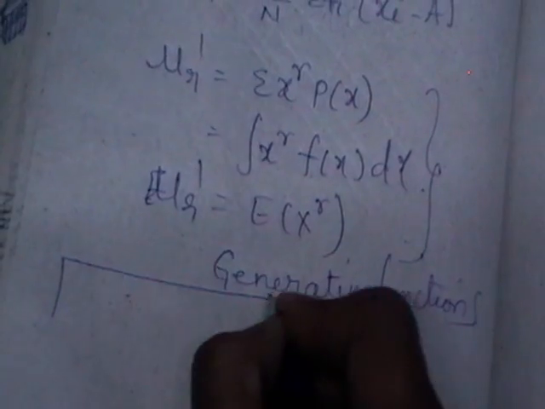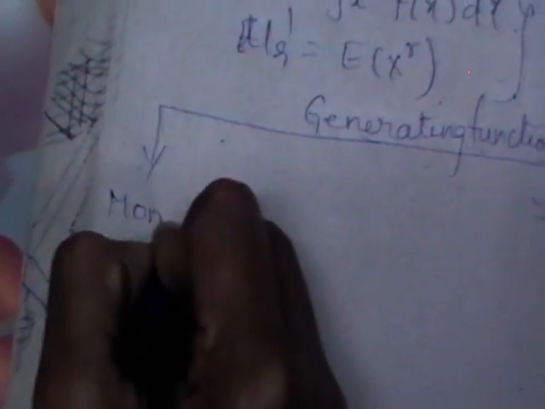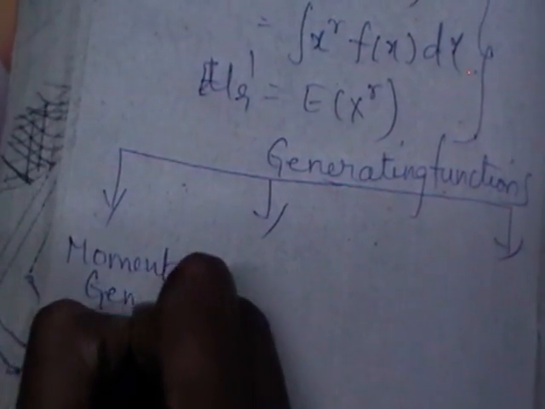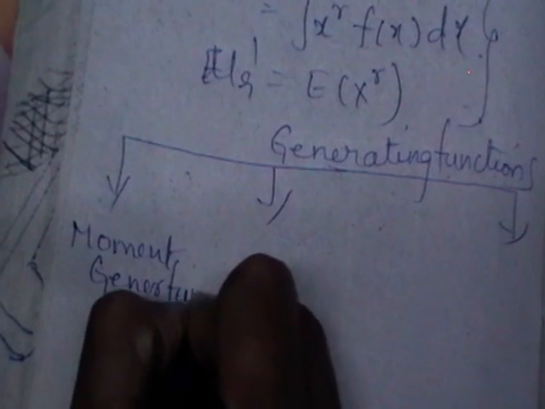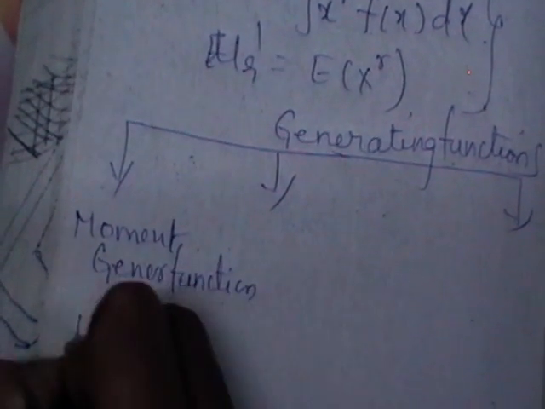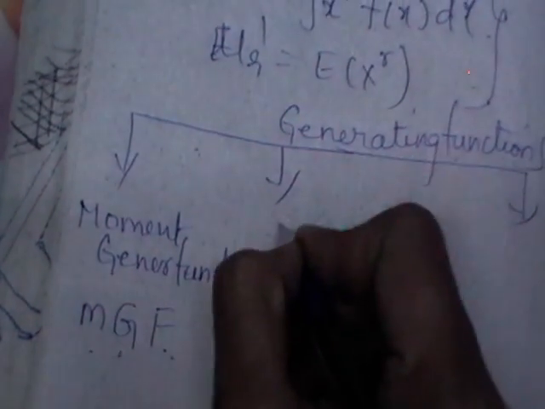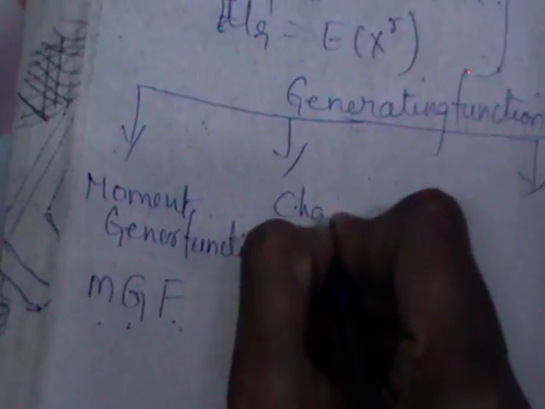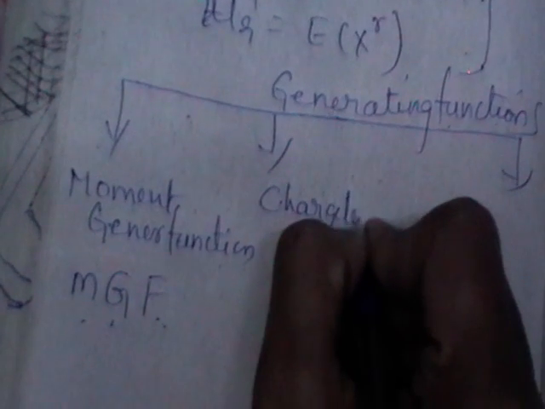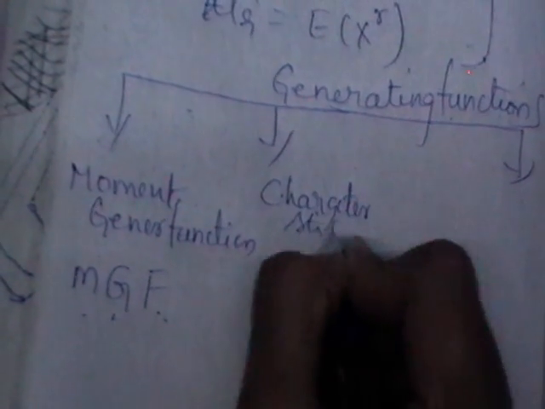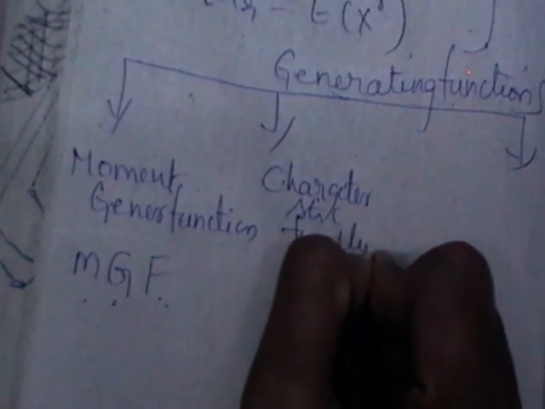We have four types of moment generating functions. Moment generating function, which we indicate with MGF. Next one is nothing but characteristic function, which we indicate with CF.